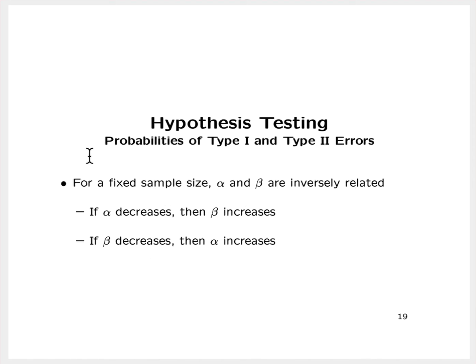Now, we want to think about the probabilities of type 1 and type 2 errors, alpha and beta, and in particular, the relationship between alpha and beta. Like I was saying on the previous slide, one of the things that beta depends upon is the significance level alpha. And so for a fixed sample size, alpha and beta are inversely related.